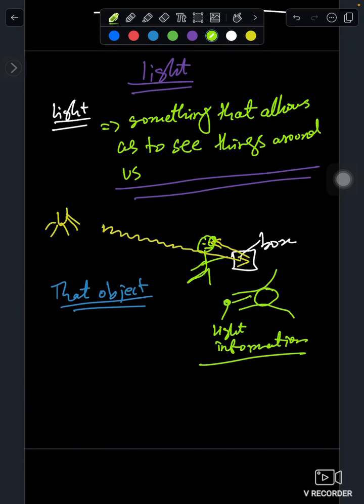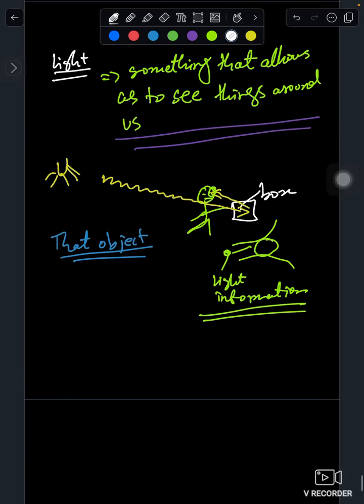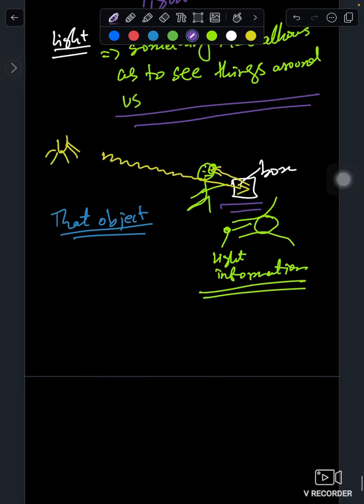So we can say that light is carrying the information of this object.